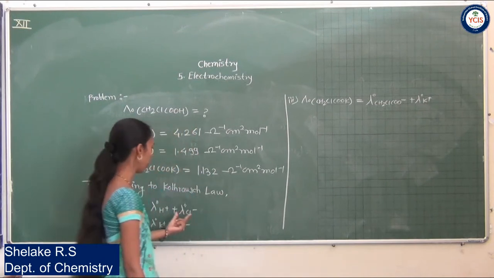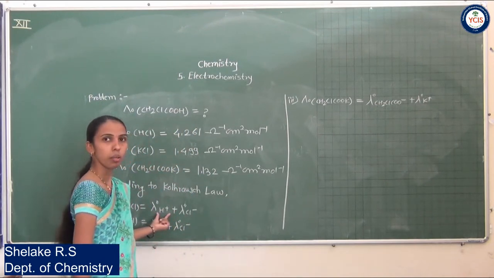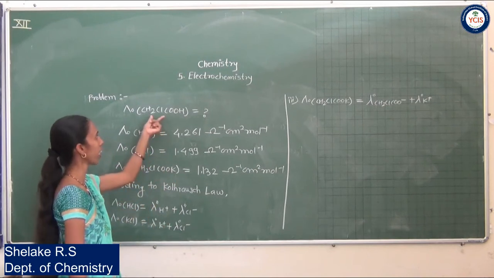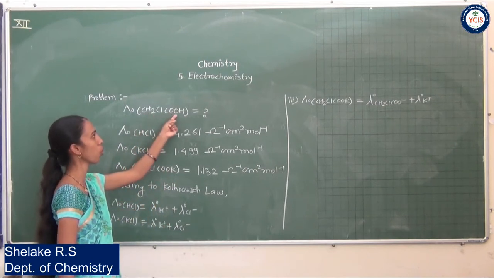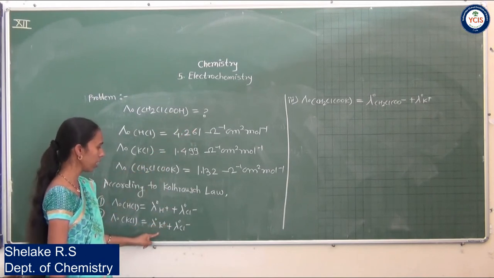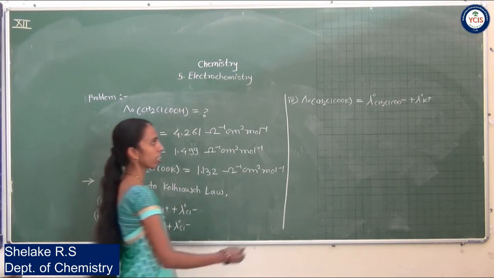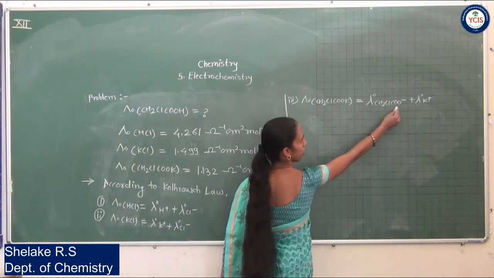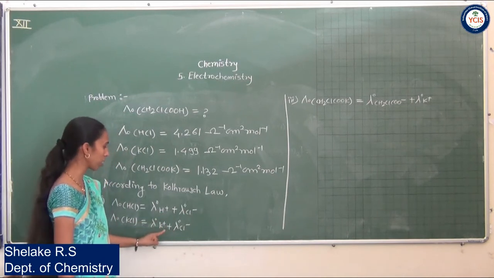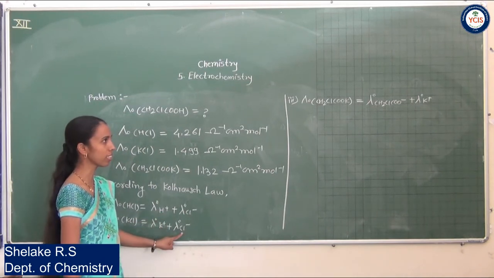Now from these three equations, if you look at these three equations, which ions do you want? CH2Cl COO minus and H plus. How can we get these two ions? Here is one ion, CH2Cl COO minus, and where is H plus in these equations? Which ones need to cancel? K plus and Cl minus.